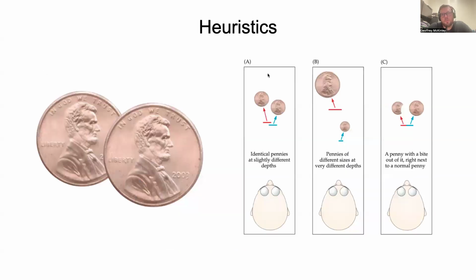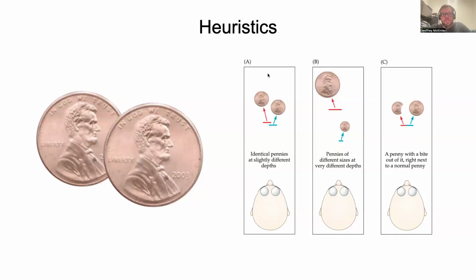And so we can talk about something more simple, right? In this example, what hits your retina is a penny occluding what appears to be a slightly smaller penny. And you likely do not perceive the farther penny as actually being smaller because of three reasons. One, pennies usually don't vary in size, not this much at least.